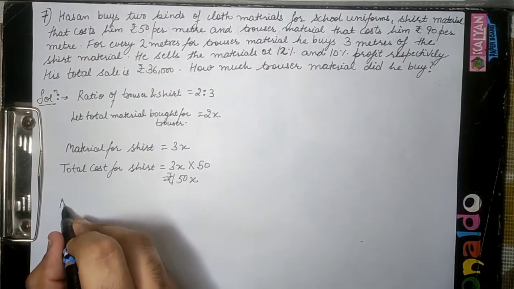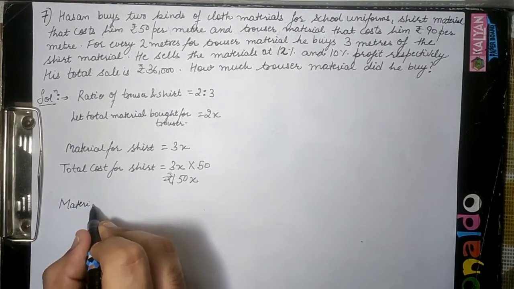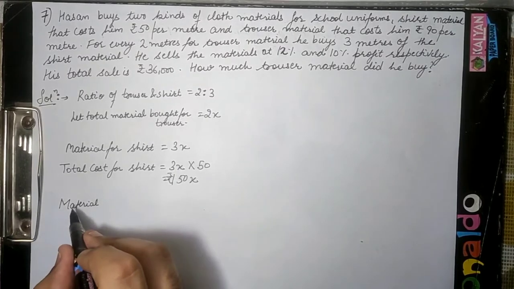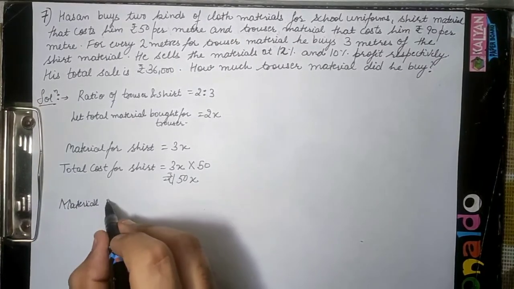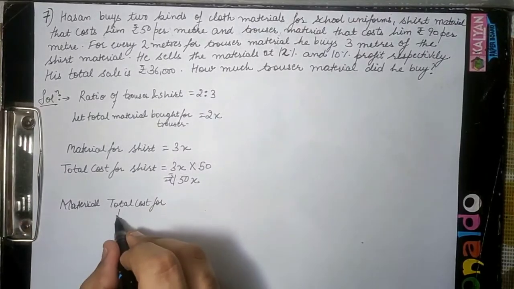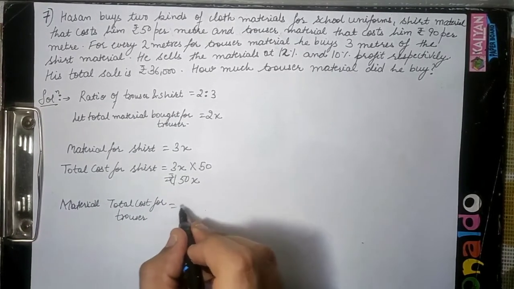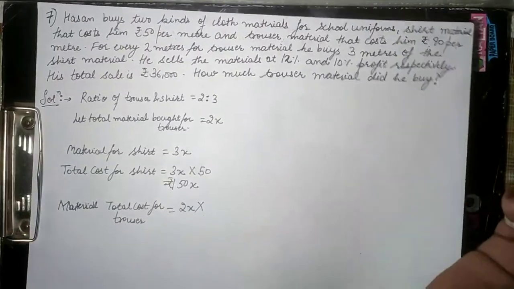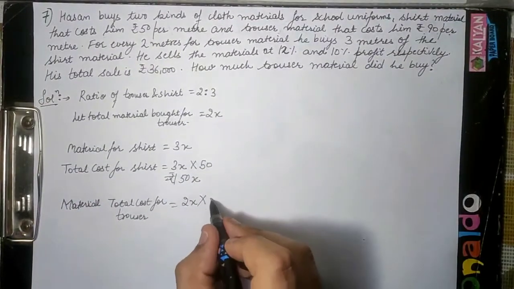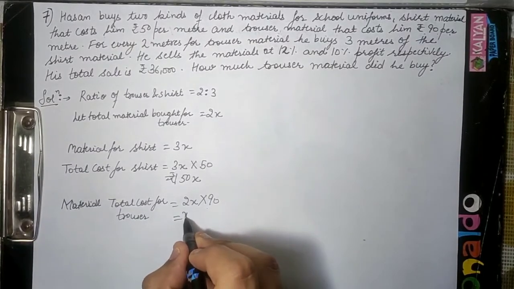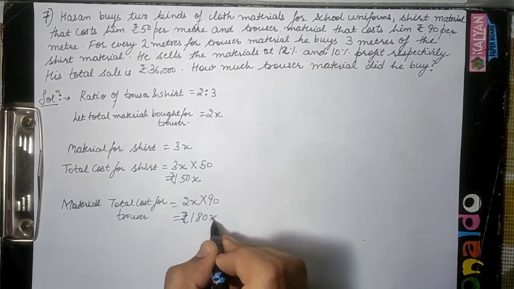Next, material for trouser is 2x, and if we want to calculate the total cost for trouser, that will be equal to the total length of the trouser into the cost per meter. What is the cost per meter? Rupees 90 per meter for the trouser. So this will be 2x into 90, so it will be rupees 180x.